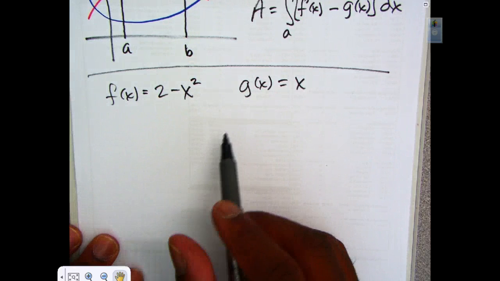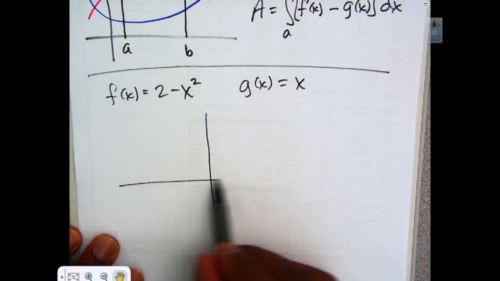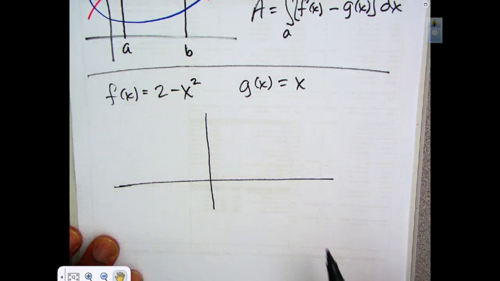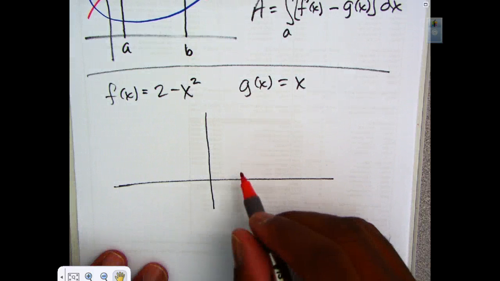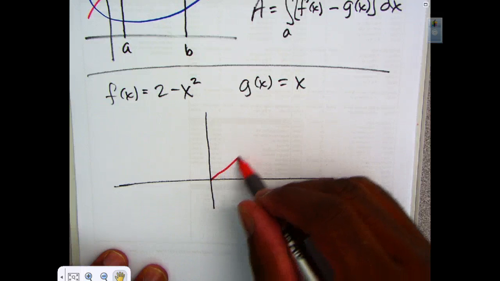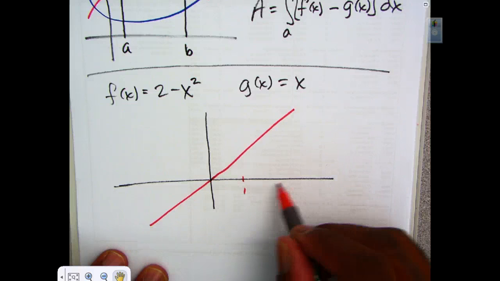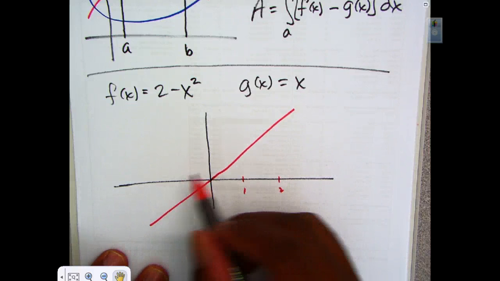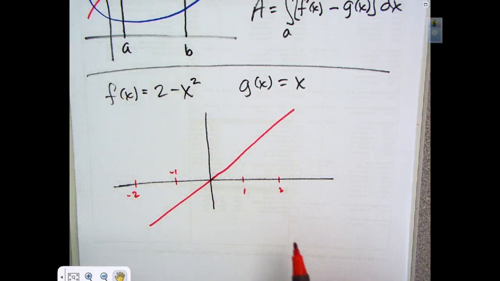Okay, so let's go ahead and graph this. All right. So g of x is equal to x. So it's a line at a 45 degree angle. All right, so f of x is equal to 2 minus x squared.